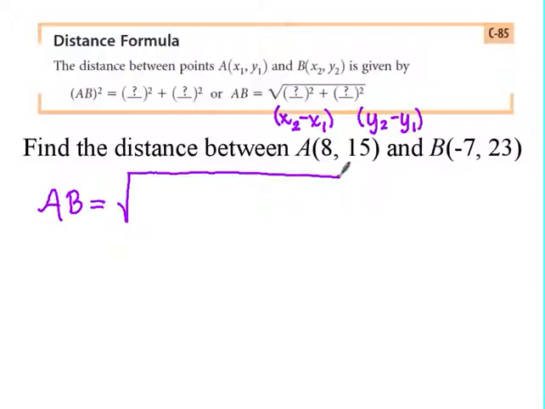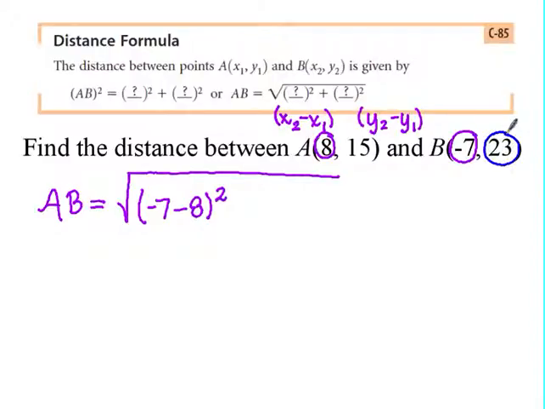Now what I'm going to do here is subtract the x's. And it doesn't matter which one you start with first. I could start with A or B. I'm just going to go ahead and start with the second just because that's generally what's done. So I'm going to take negative 7 minus 8. So all I've done is take this minus this. Now I'm going to do the same thing for the y's.